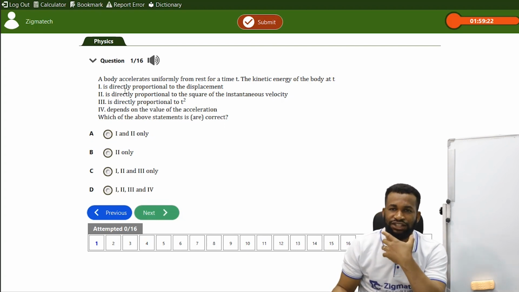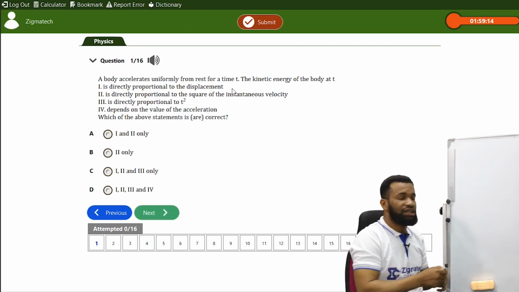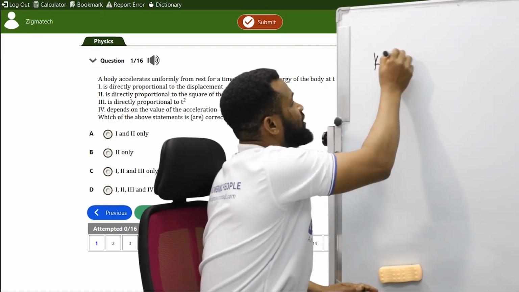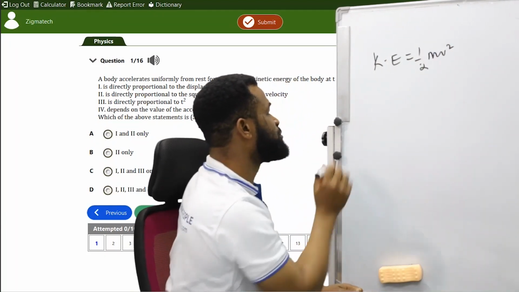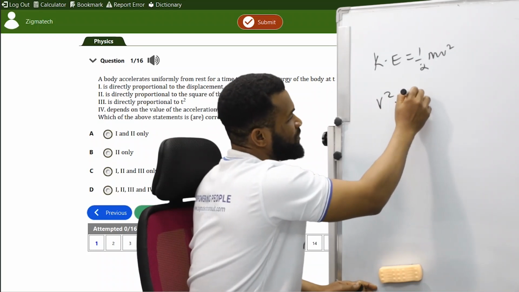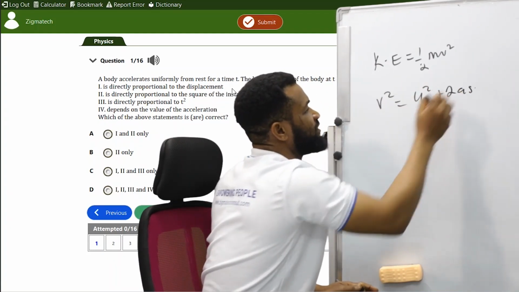Okay, let's look at each of these options. Is kinetic energy directly proportional to displacement? Yes, of course, it's true, because kinetic energy is given as half mv square. Remember that v square came from this, v square equals u square plus 2as.